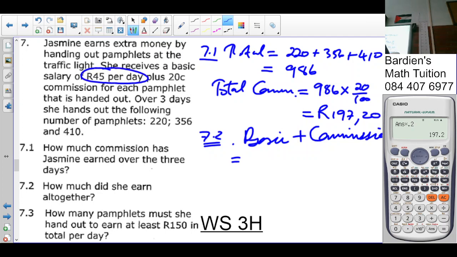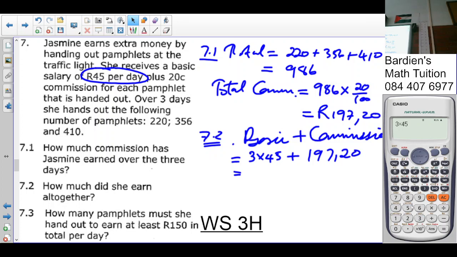How many days is that? 3 days. So it's 3 times 45 rand plus 197.20. Jessica must concentrate on the maths. Okay, so it's going to give us 332 rand and 20 cents.